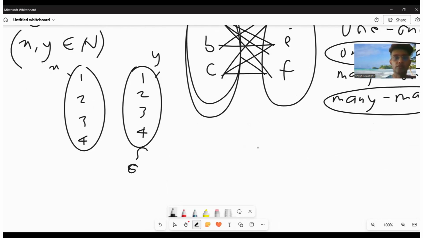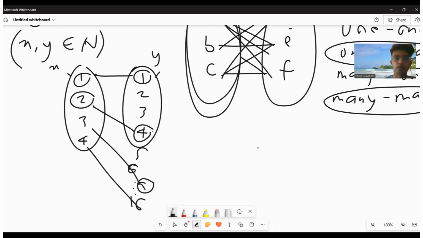So 2 maps to 4 because 4 is the square of 2, and 1 maps to 1 because 1 is the square of 1. Similarly, 3 maps to 9 and 4 maps to 16. So here you see there are some elements which do not have a mapping here. But if you look at this side, every element is mapping to exactly one element here.